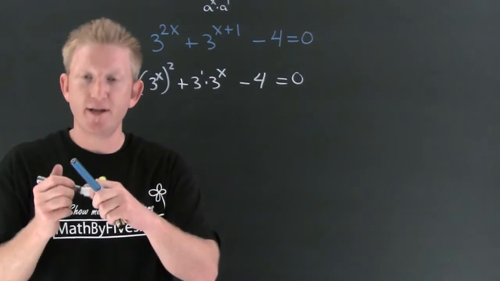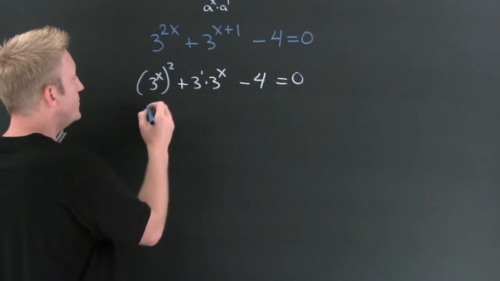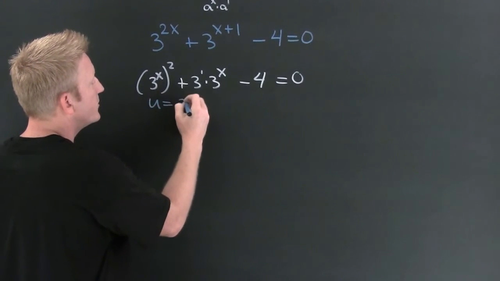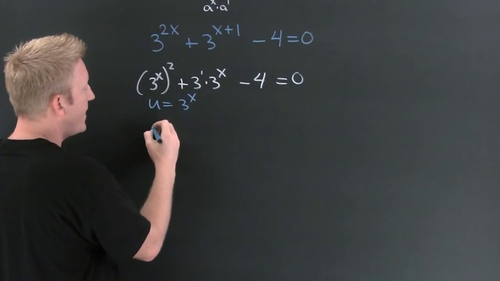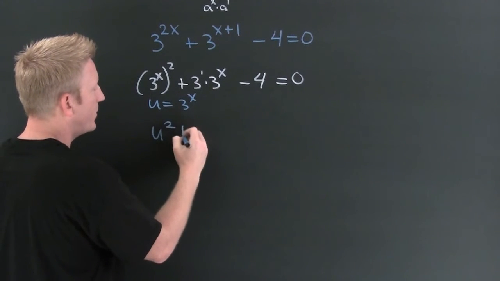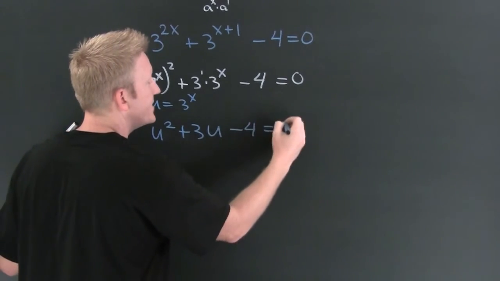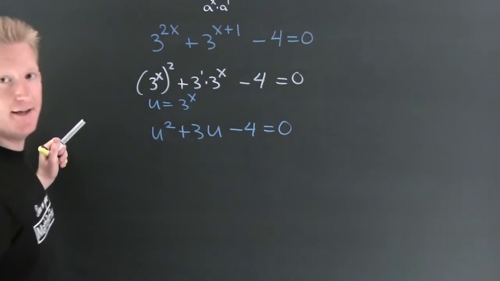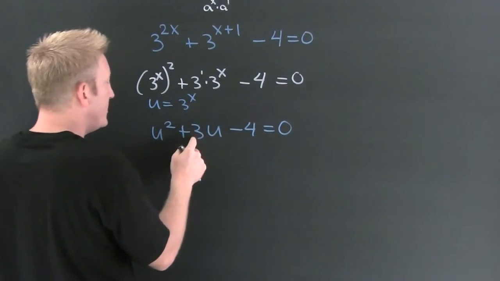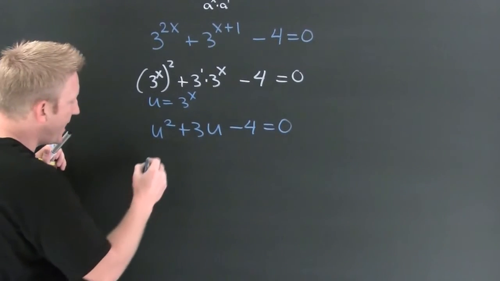So then if you could dodge a wrench, then you can dodge a ball. Here we'll make a u substitution. We'll let u equal 3 to the x. So then I have u squared plus 3u minus 4 is nothing. Can you factor that? You're looking for the factors of 4 that subtract to be 3. Are there any? Yes.